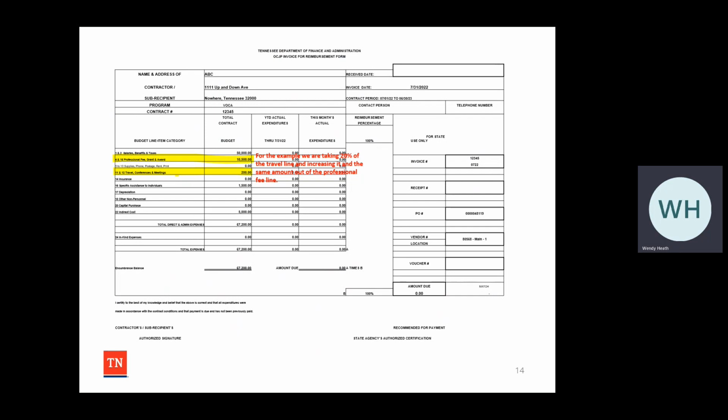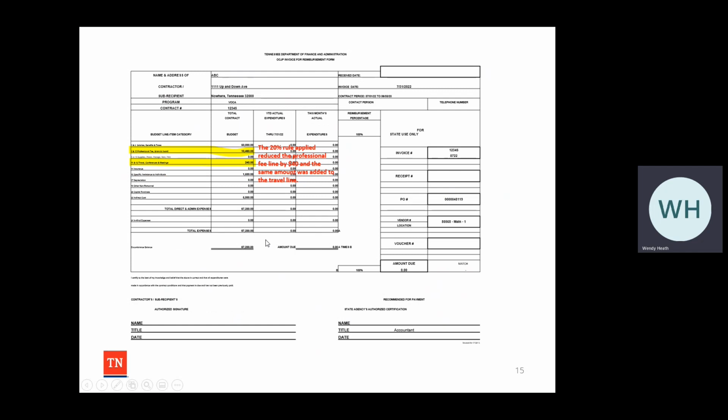We take the $200 and calculate the 20% because it is the lower of the two. It's $40. So we're able to increase that line to $240. And here is the end result, $240. And it's coming out of the professional fee, and the amount is still the same for your total contract.